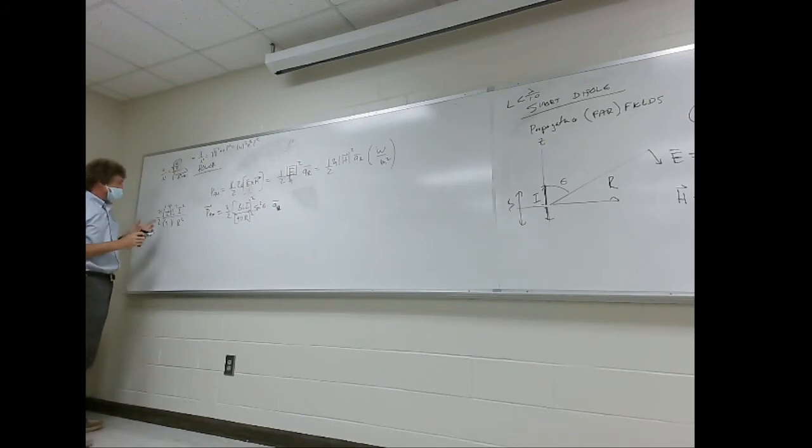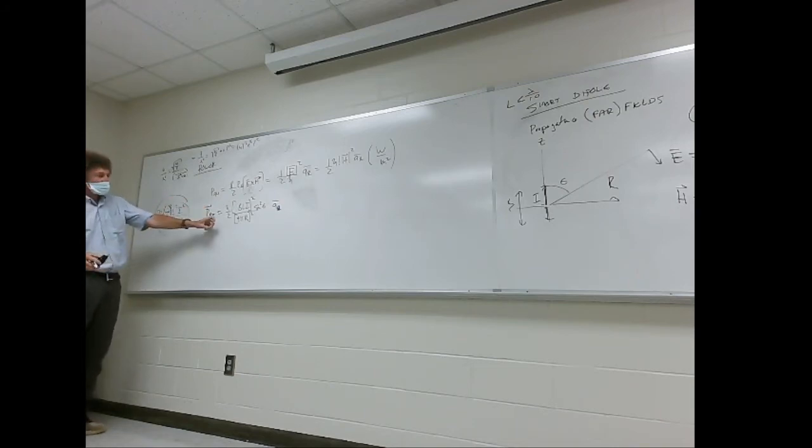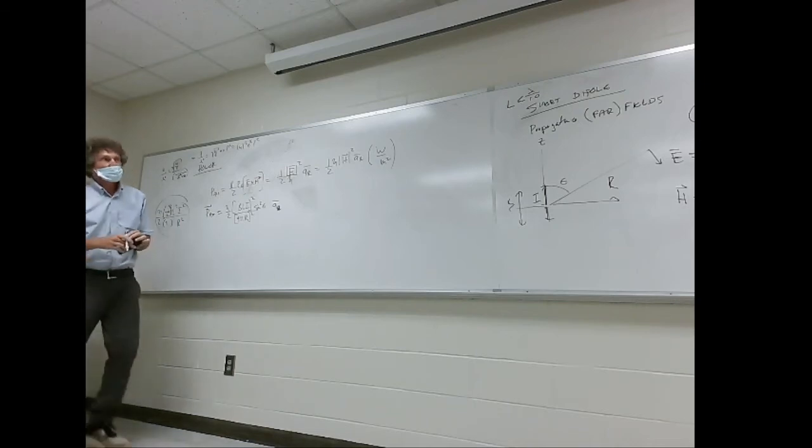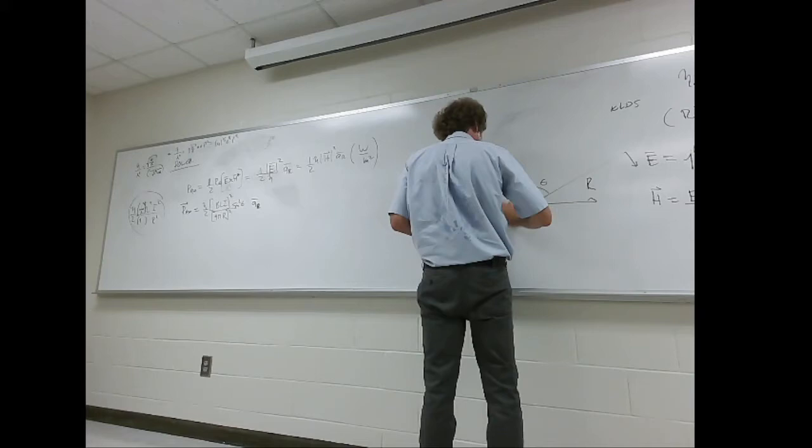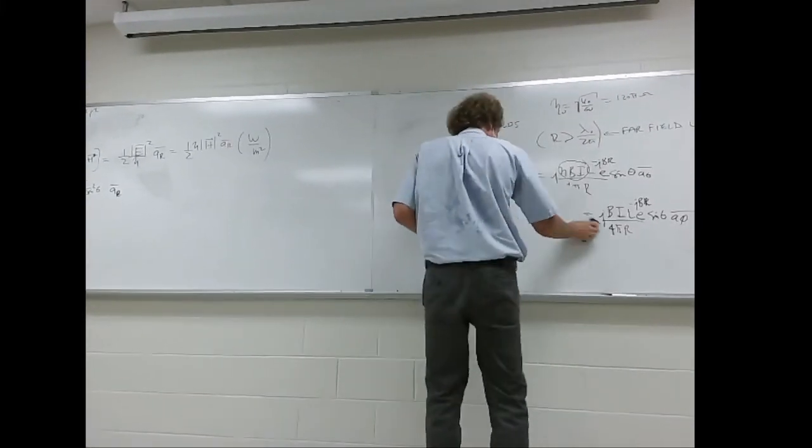Anyway, I'll leave it as this for now. This whole thing right here, I'm going to redo. I can leave it as that for now. But now what I'm going to do is this integration to calculate total power. So let me erase this. This is really what I need to do to make sure you see it.